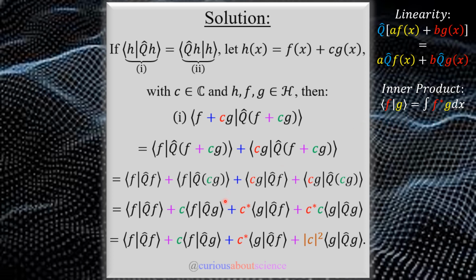So if I have a constant on the left-hand side, which are my red constants, I have to take them out with a complex conjugate on them. If it's on the right side, like my green constants, then I don't. That comes back down to the definition of inner product as we see here. So that's why we have a c, c star, c star c, which of course we know goes to magnitude squared, and our equation gets simplified.